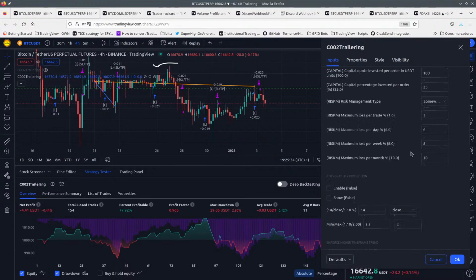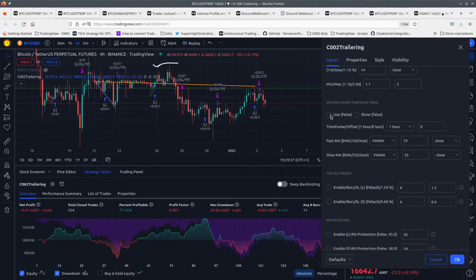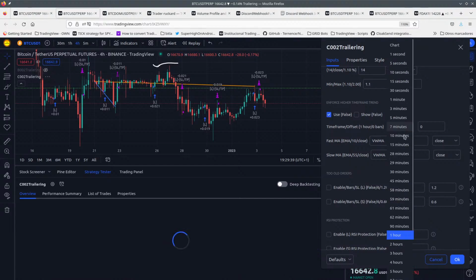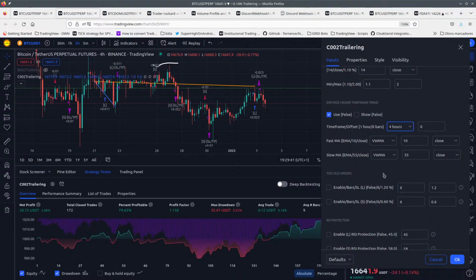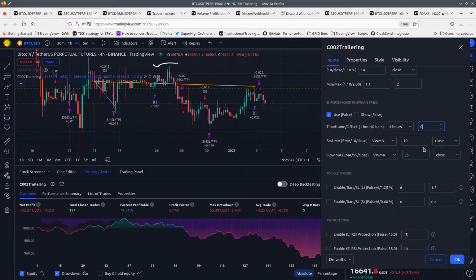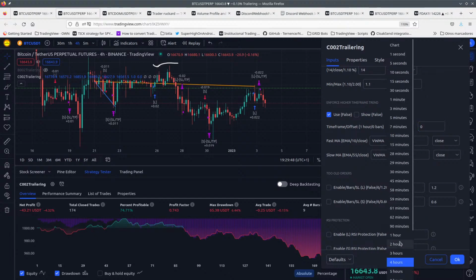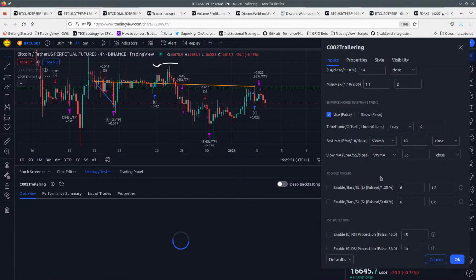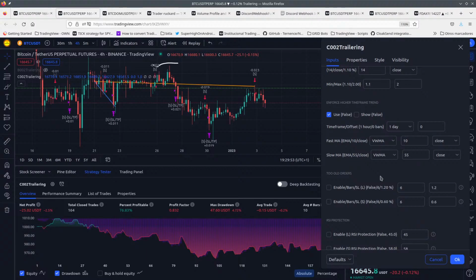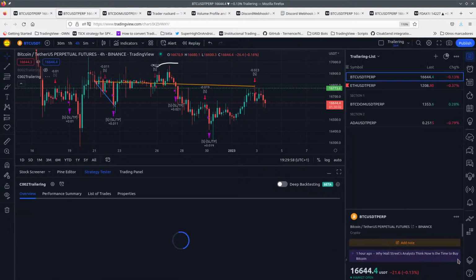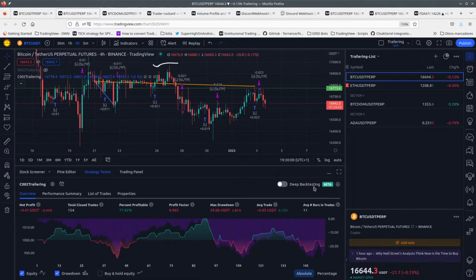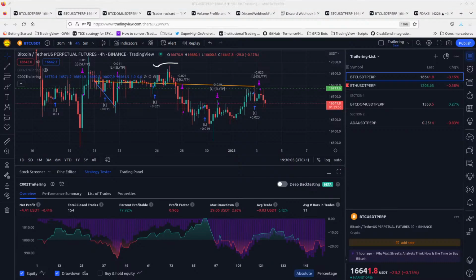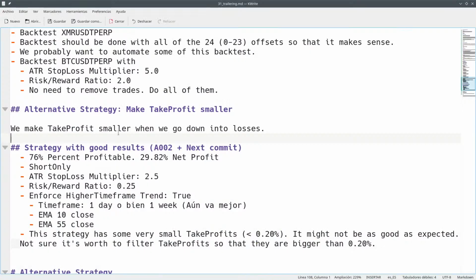So reverse this with the higher time frame of 4 hours. As it always happens, we don't know too much about this. Okay, so I think I will have to do some forward testing, but we need to implement them.